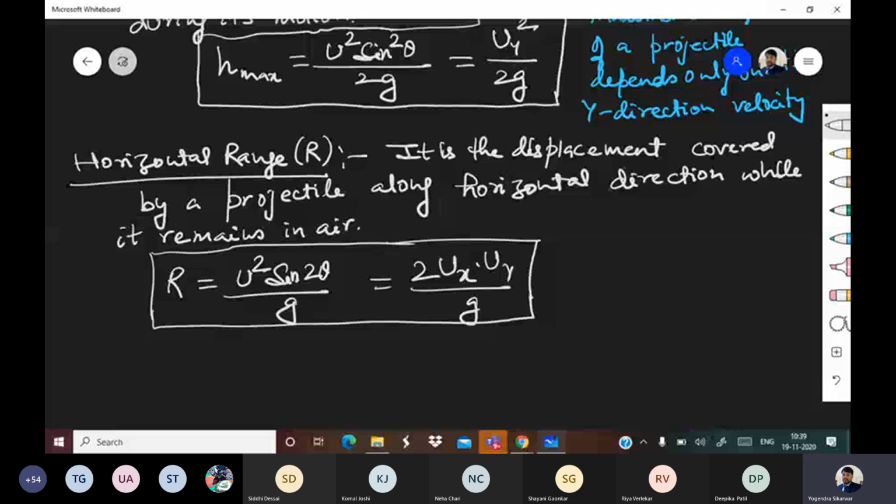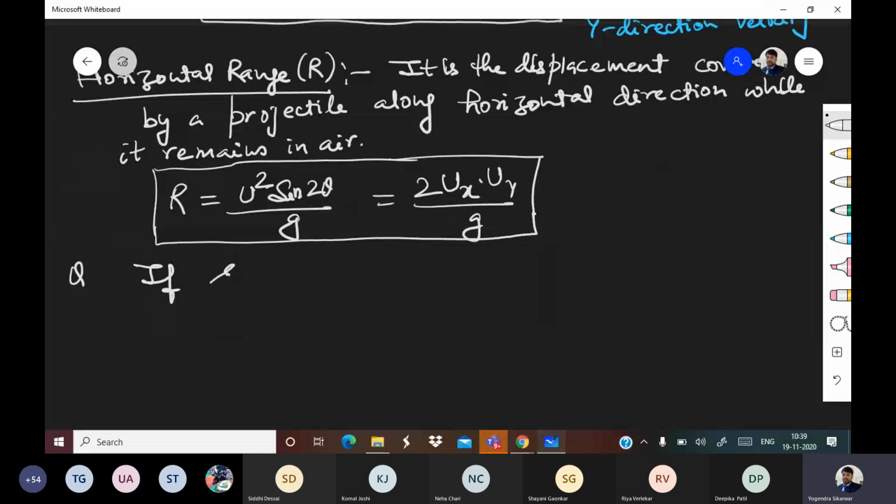If a projectile is projected with u equal to 24 i cap plus 32 j cap meters per second, find number 1, T, number 2, R, number 3, H max.